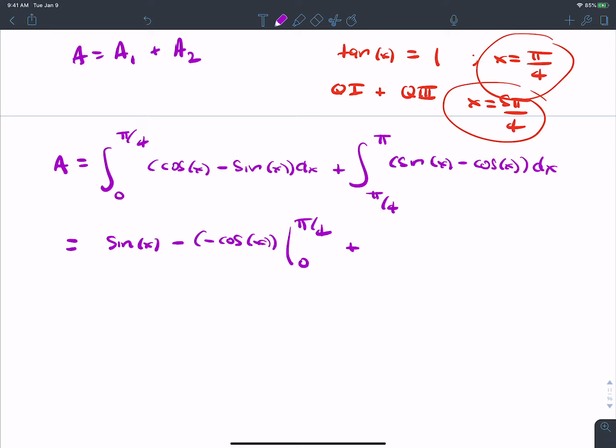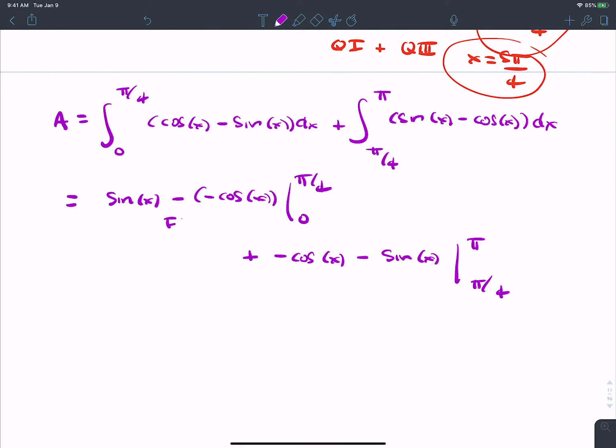Okay, plus now. So if you want, let's put plus down here. Now, what's the antiderivative of sine again? Is that negative cosine? Okay. So I have negative cosine minus, what's the antiderivative of cosine? Isn't that sine? When you evaluate this from pi over 4 to pi.